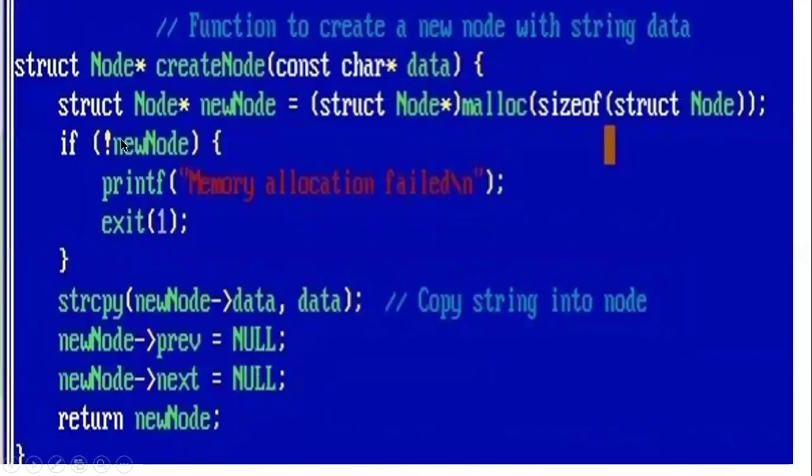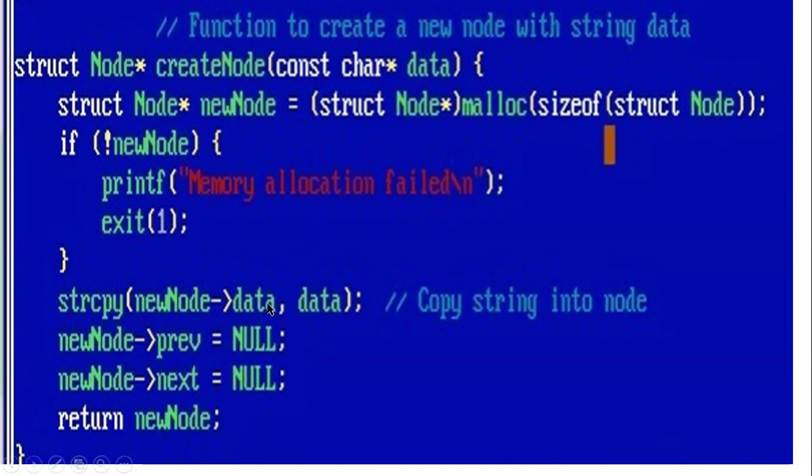Now, with the help of the create node function, I am creating my first node. With the help of the malloc function, I allocate the size of this structure in memory. When the memory gets allocated, we are able to create our first node successfully.